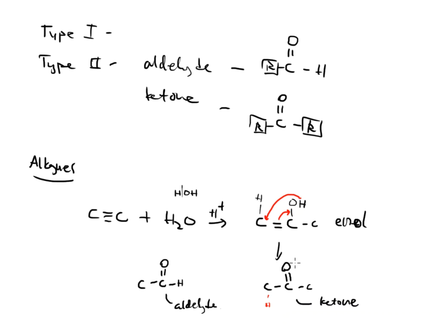So the alkynes can react with water in the presence of acid. That's just one form of the reaction that can go forward in order to form an enol, and that enol will rearrange in a tautomer. That was a fancy word that we learned, right? Tautomer. And then that could give us a ketone or an aldehyde, depending on where that OH group and that double bond was located. All right.